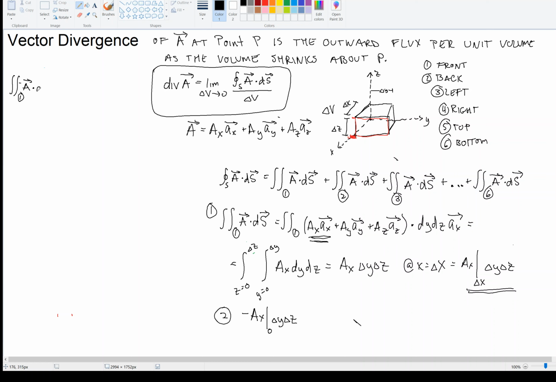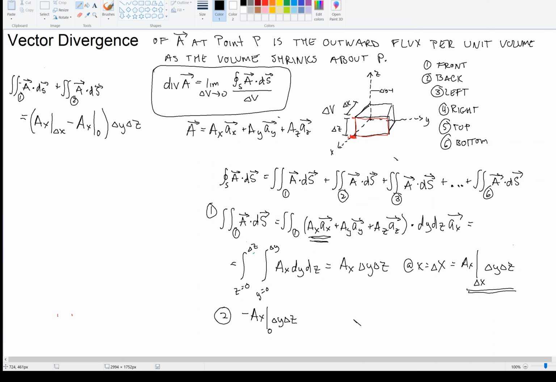A dot ds surface 1 plus A dot ds surface 2. Eventually we need to add up the flux from all 6, but we're going to just look at these 2 for right now. And we get AX evaluated at delta x minus AX evaluated at 0 times delta y delta z. Right?